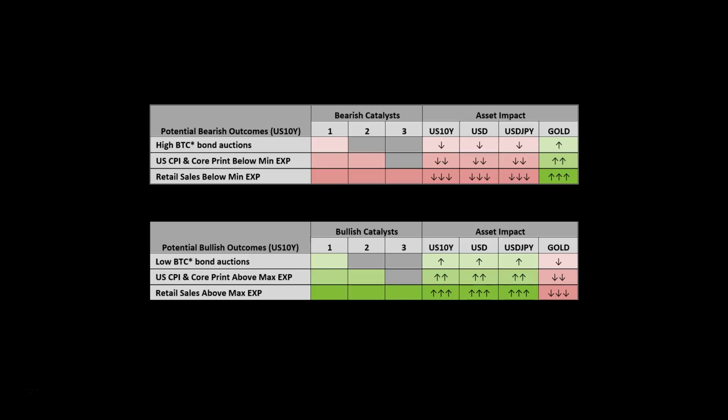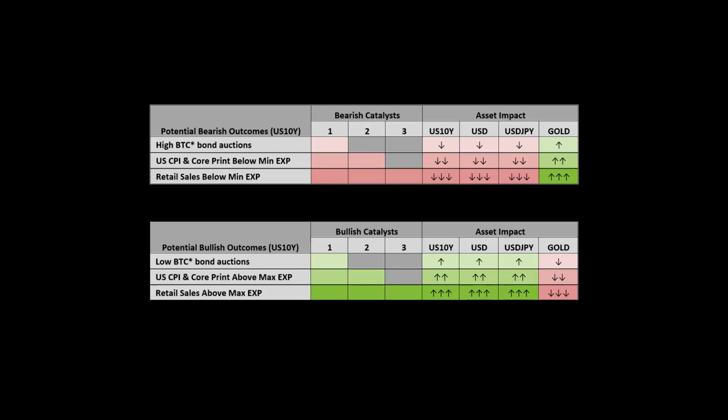Turning then to potential bullish outcomes, just the exact opposite. If we get a very low bid to cover ratio for those 10-year and 30-year bond auctions, we would expect that to see upside pressure in US 10-year bond yields. We would expect that to translate into strength for the dollar, upside momentum in USD yen, and downside pressure in gold.